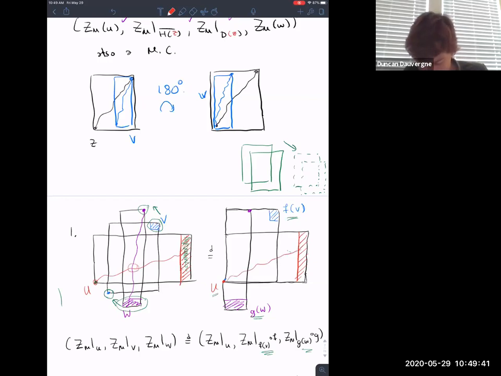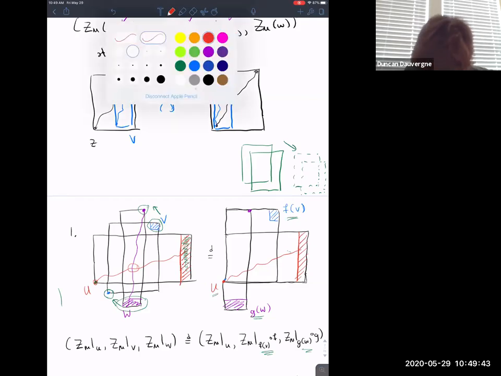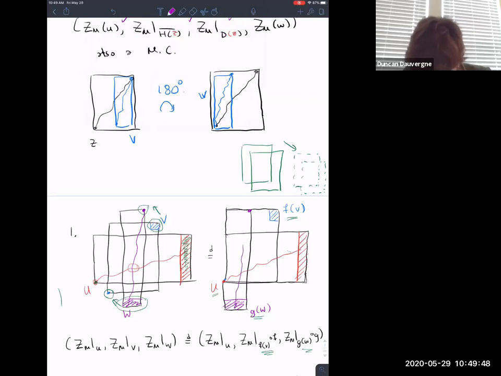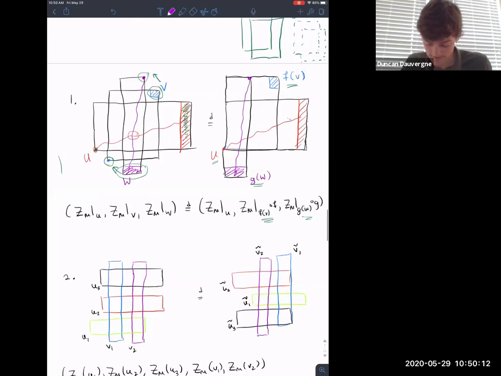So if we draw a path in U, it always crosses the shifted path as well. So it's always important that we maintain this crossing structure. Otherwise, you won't keep invariance. But you could also ask, okay, can you get interesting invariance statements when you don't have a crossing structure? And so one way you could do that would be if you have a disjointness structure as well as a crossing structure. So that's the second example.